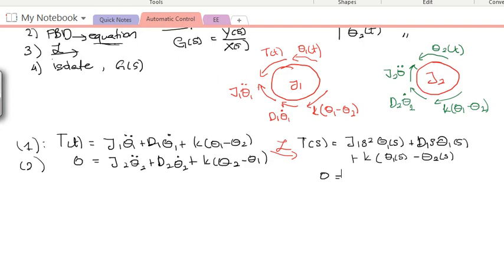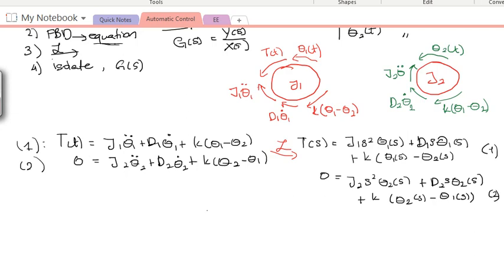So it's J2 s squared theta 2(s) plus D2 s theta 2(s) plus K times theta 2(s) minus theta 1(s), right? So these are the two equations that come from your FBD, but now in the frequency domain.